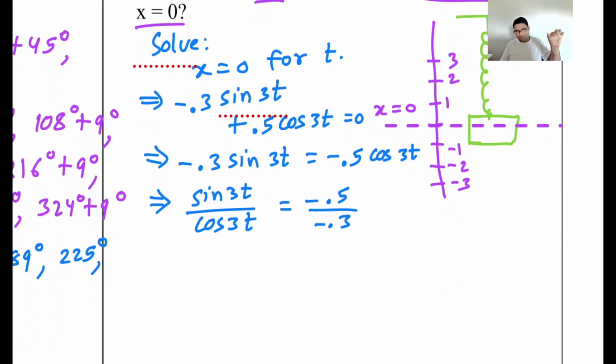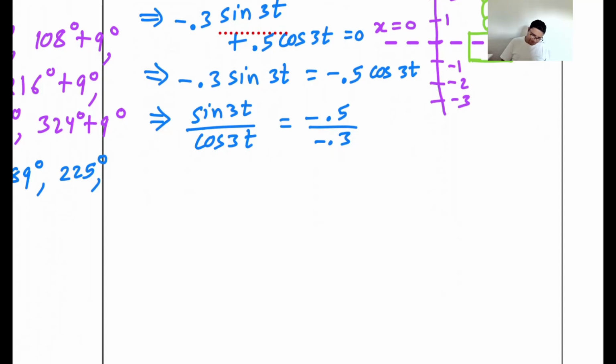So take the negative 0.3 to the right side and divide. Bring the cos 3t from the right to the left and divide, right? Multiplication becomes division on the other side. So that gives you tan 3t equals 5 over 3.